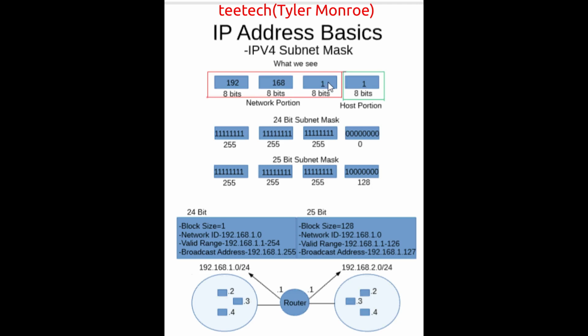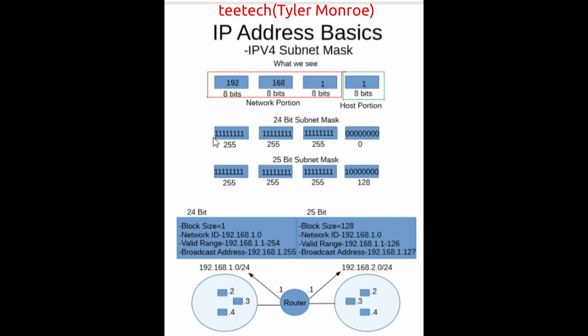So when we look at our address, the first 3 sections, or 24 bits, belong to the network, and we can't change them. That's why they're in red here. This host portion in the green is 8 bits because in the mask these are all zeros. So that's the part where we can actually put a value, have a computer on this network. Those are where the unique values will come from.